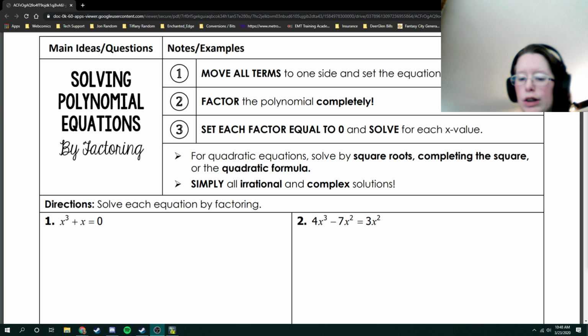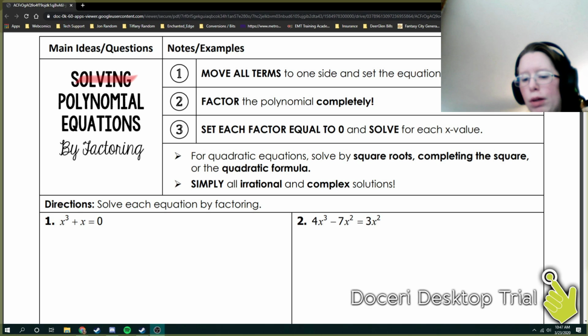Okay, so today's notes, we're going to go over again how we solve polynomial equations by factoring. We did this back in November-ish, and touched on it again back in January.